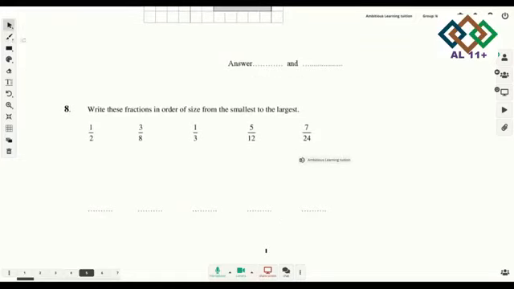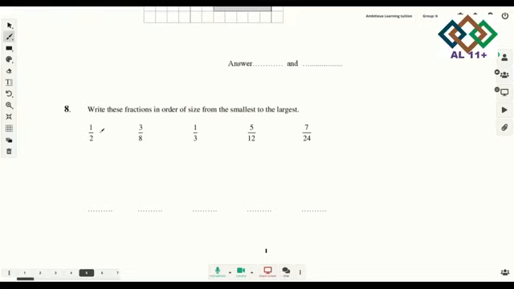The next one is the fractions now. Write down the fractions in order from the smallest to the largest. So you need to make sure which one is the smallest and which one is the largest. I will try to simplify them if I can, but try making the denominator the same.